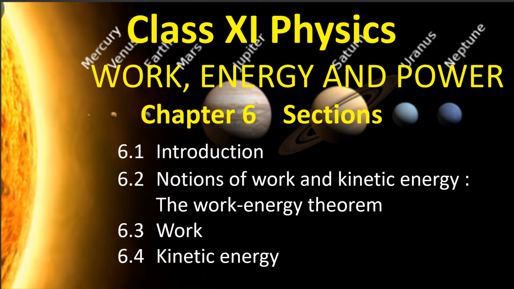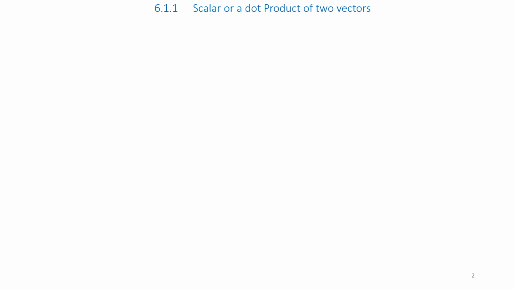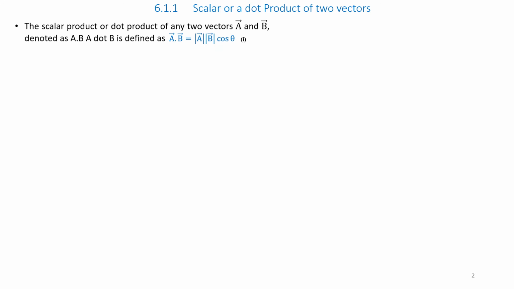Before we proceed to this task, we need to develop a mathematical prerequisite, namely the scalar product of two vectors. Let us start. We have learned about vectors and their uses in chapter 4.